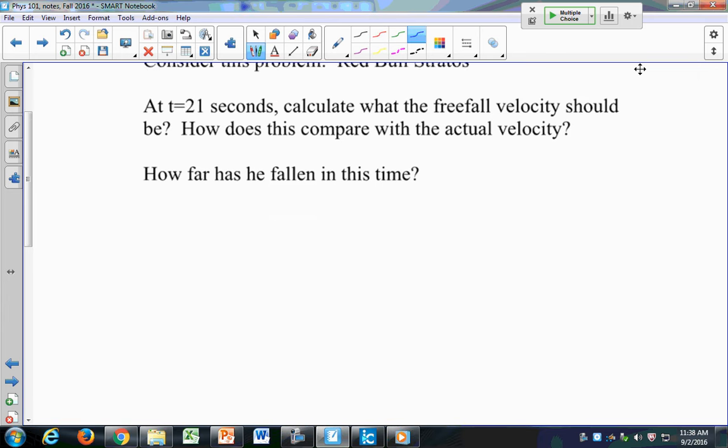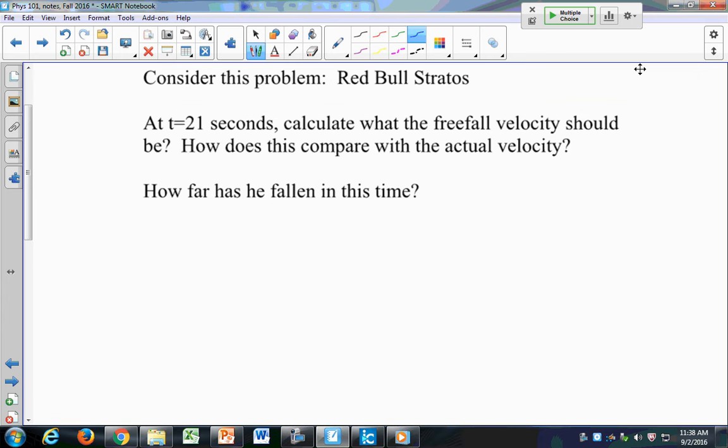All right, so I was at t equal 21 seconds. This guy jumps out. I want to know how far he has fallen in this time. So we want to write down what we know. We know that v naught is equal to 0. I know that t is equal to 21 seconds. And I want to know what is y. Oh, I know something else, right?